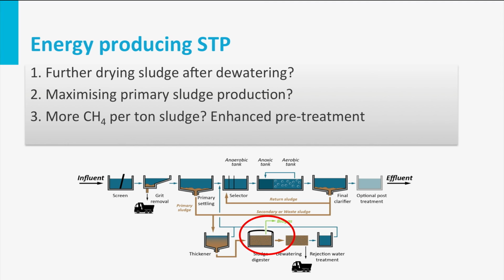At present, a number of novel pretreatment technologies are being developed, such as thermal pressure hydrolysis, which is used to solubilize the sludge in order to make the organic matter better accessible for bioconversion. 4. The sludge digesters at the site of an STP could be used to co-digest external organic matter, for instance, from agricultural sites.